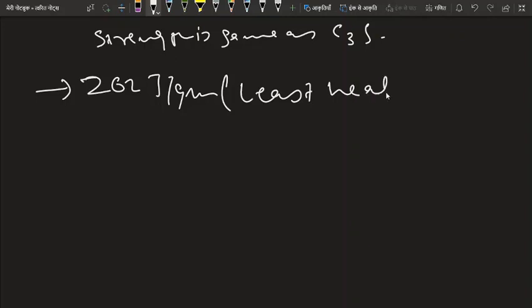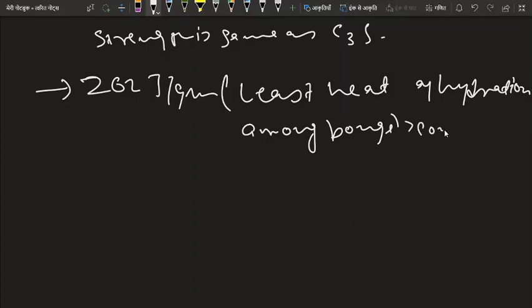Least heat of hydration among Bogue compounds. Okay, and how much is the heat of hydration of C3S? For C3S, heat of hydration is 500 joule per gram.